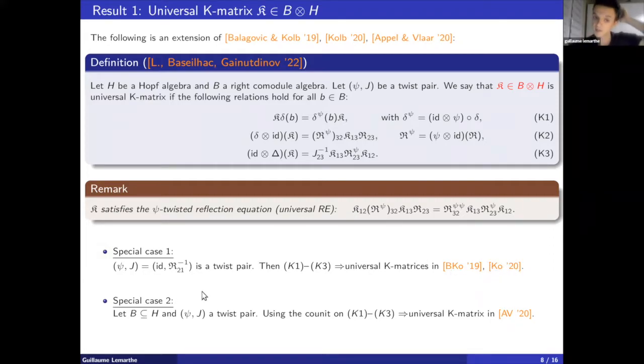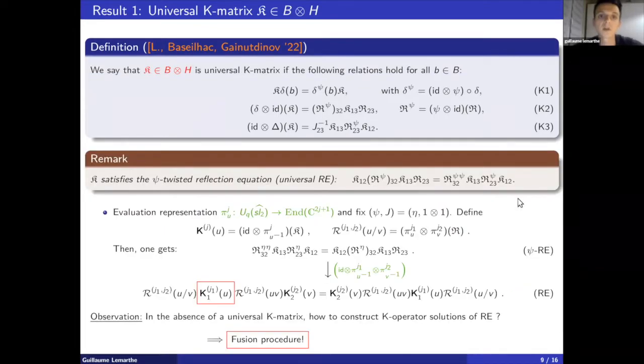The second special case is if now you no longer consider B to be a right comodule algebra, but it should be some coideal subalgebra over H, and some twist pair, then you apply the counit on the axioms here so that it kills the B, and you get the universal K matrix in Appel and Vlaar.